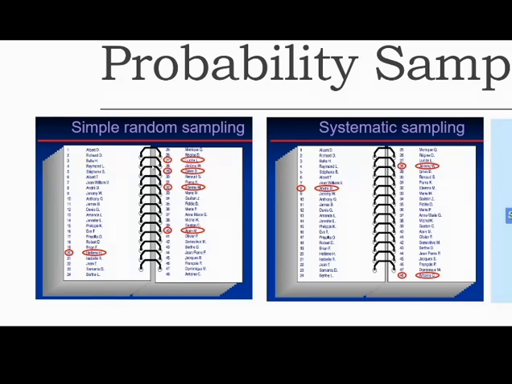So don't forget the list. You cannot do probability sampling without a sampling frame. If you have no list, then you cannot do proper probability sampling.